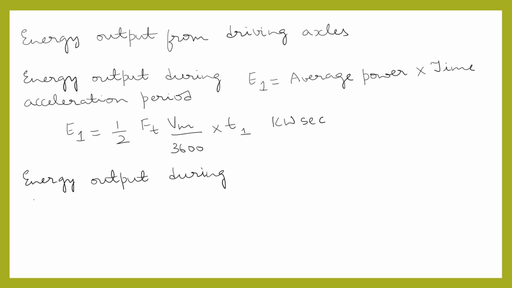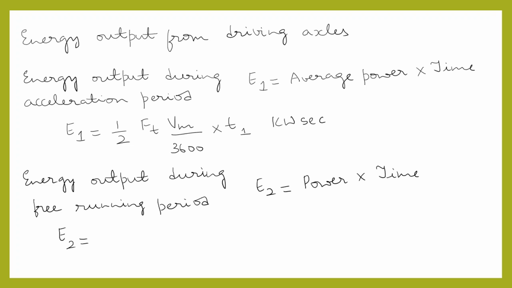So the energy output during the free running period is E2 equal to power into time, that is E2 equal to Ft dash Vm by 3600 into T2 kilowatt second, where Ft dash is the tractive effort exerted during the free running period.